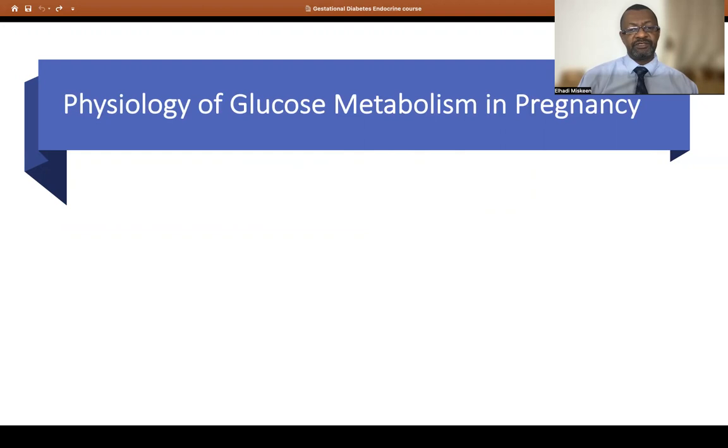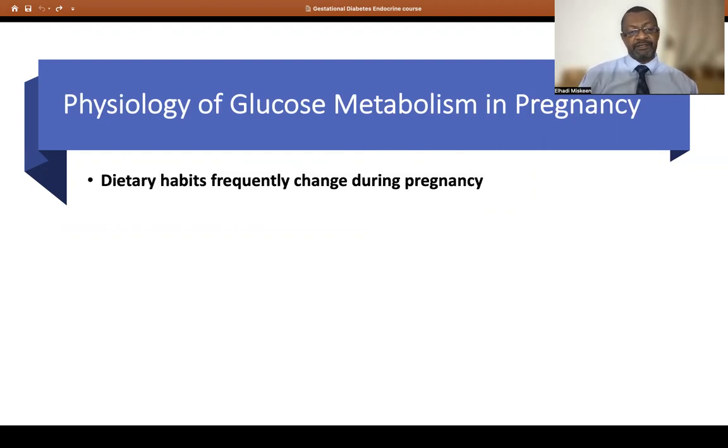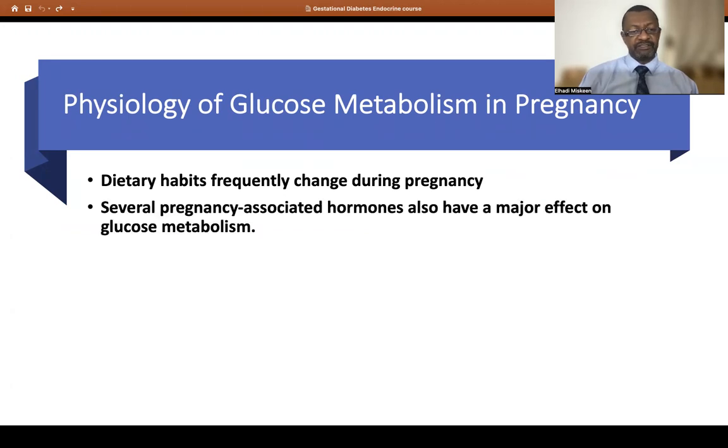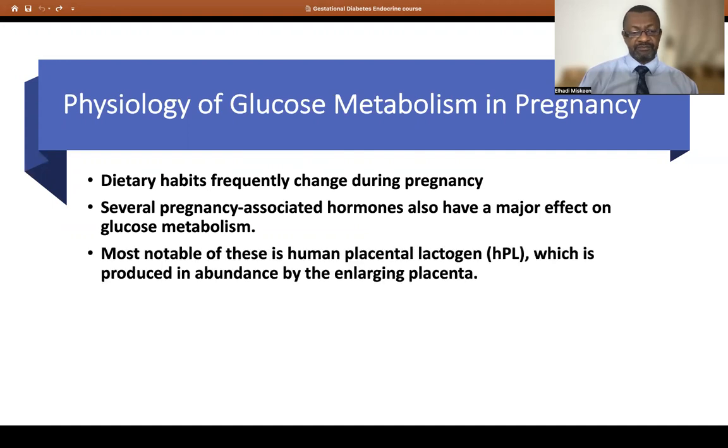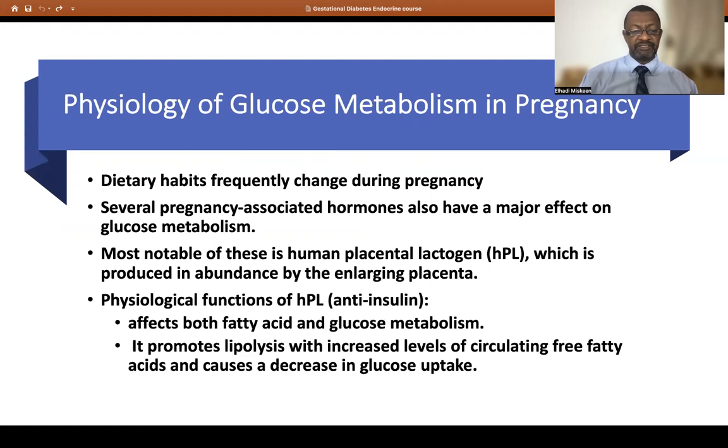So what is the physiology of glucose metabolism in pregnancy? In general, dietary habits frequently change during pregnancy, as we know, and several pregnancy-associated hormones also have a major effect on glucose metabolism. Most notable of these is human placental lactogen, which is produced in abundance by the enlarging placenta.